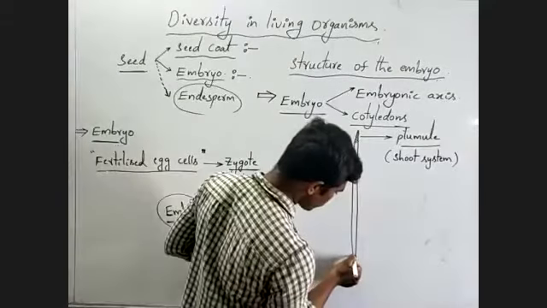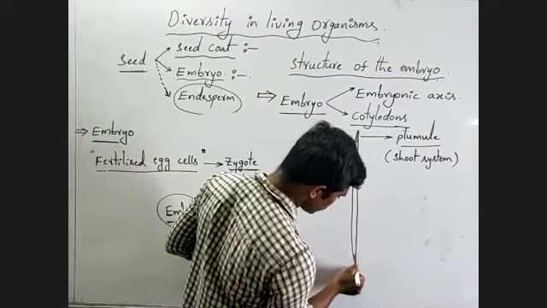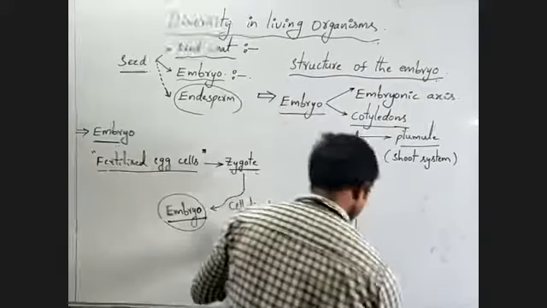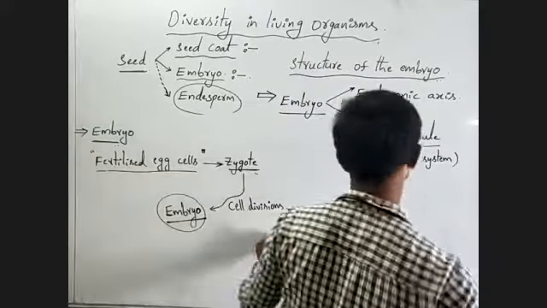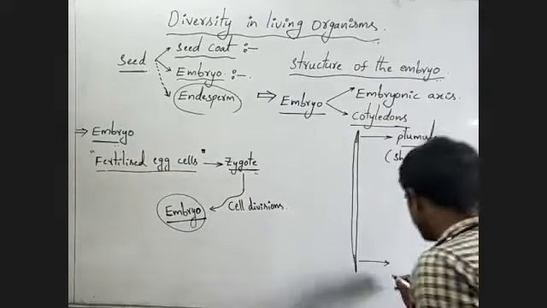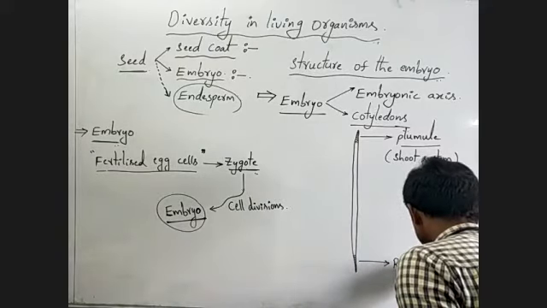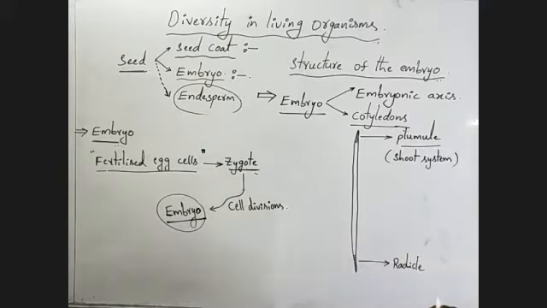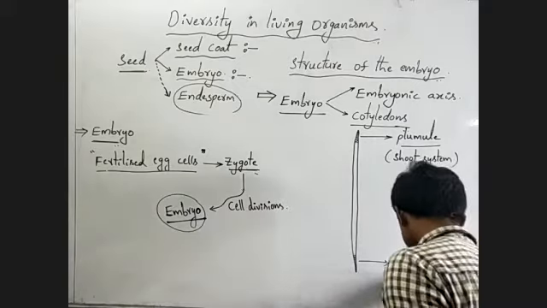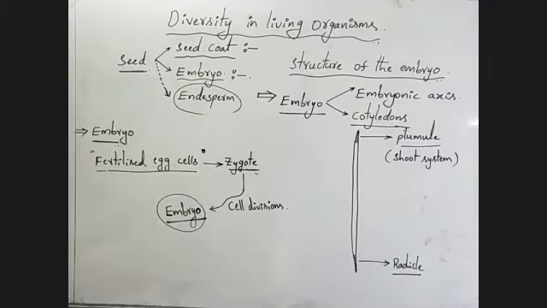Next, the lower end of the embryonic axis is called radicle. What is the use of radicle? During the germination of the seed, from this radicle, the entire root system is developed.